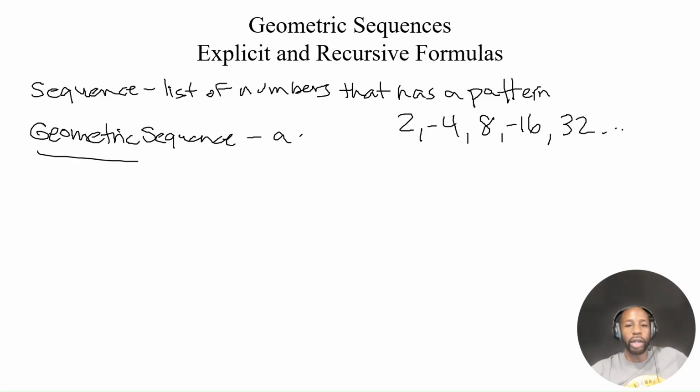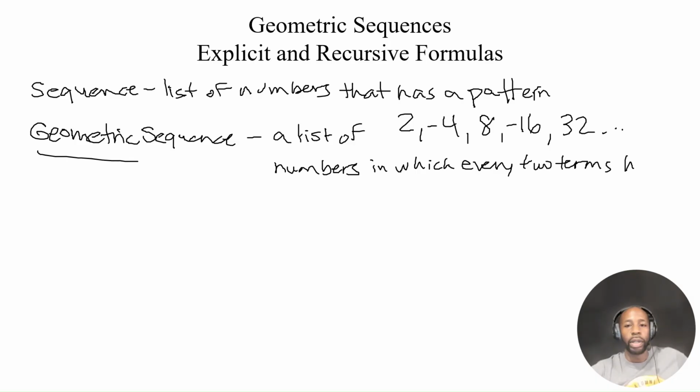a list of numbers or a sequence of numbers in which every two terms have a common ratio.